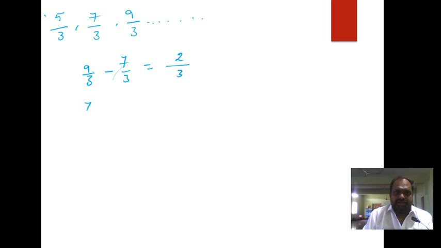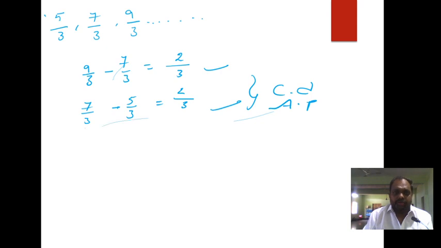Similarly, 7 by 3 minus 5 by 3: if the LCM is the same, you must simply subtract the numerators. 7 minus 5 is 2 by 3. Here it is 2 by 3 and here it is 2 by 3. So the common difference is the same. So it must be in AP.